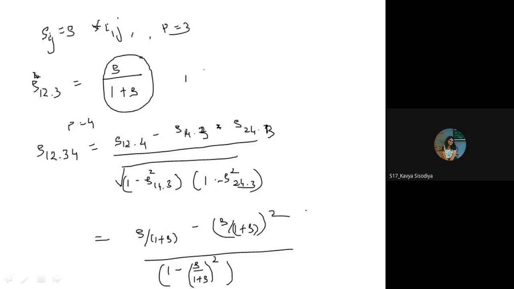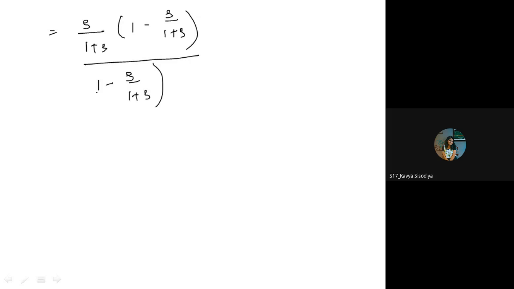So again, if you take the common factor, rho upon 1 plus rho is common, so what will you get? 1 minus rho upon 1 plus rho. In the denominator, what is there? 1 minus rho plus 1 plus rho square, so you can write it as 1 minus rho upon 1 plus rho into 1 plus rho upon 1 plus rho.